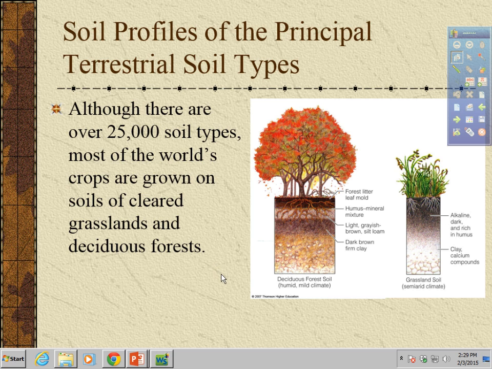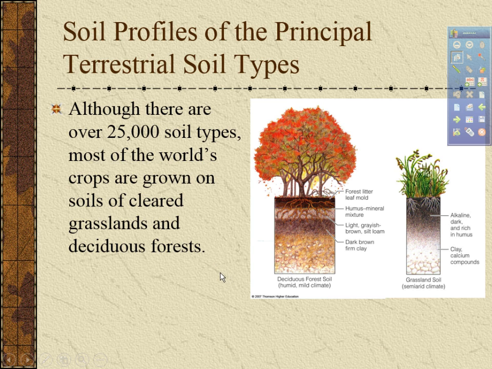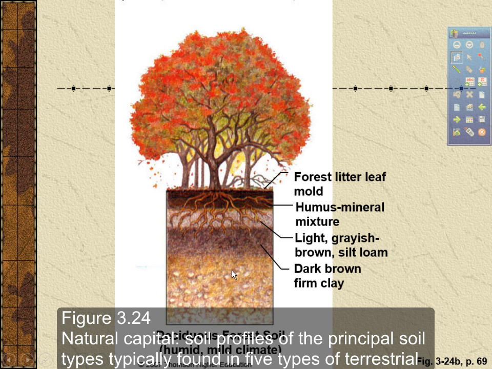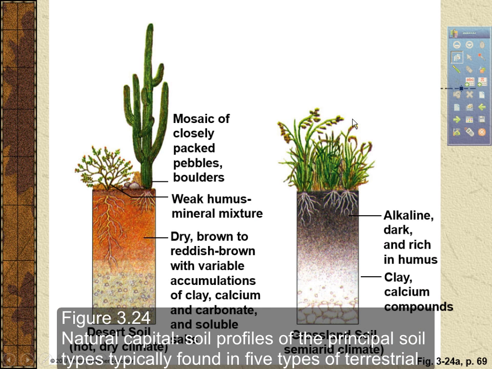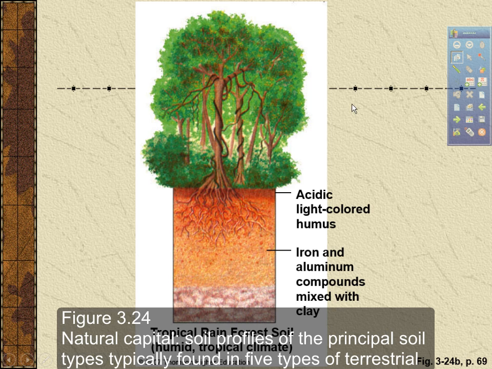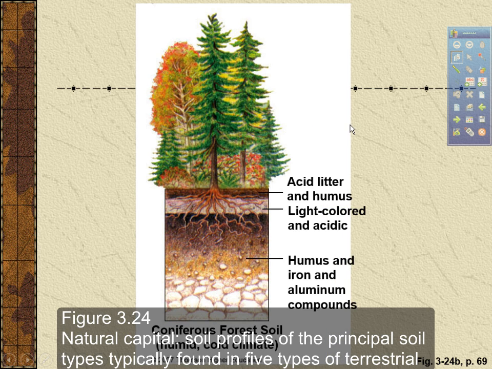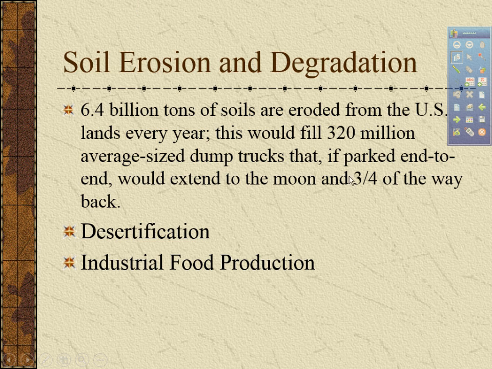So you can see how they vary between different types of climates, ecosystems, and biomes. The stuff that you're going to be able to grow depends on what type of soil you have and where in the world you have it. So it just kind of makes sense. You can flip through those pictures and take a look, comparing the number of nutrients and the amount of organic material in each one.